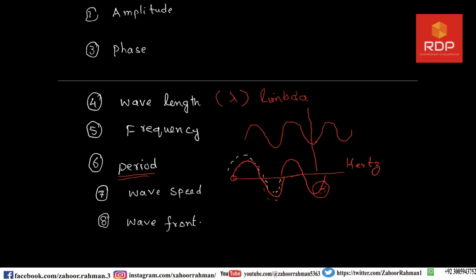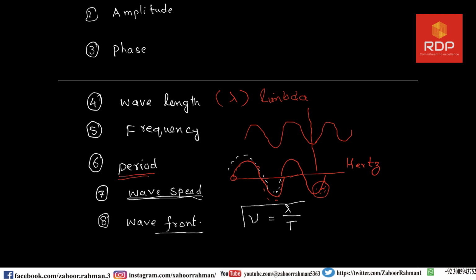Okay, next is the wave speed. Just like we learned that distance covered in unit time is called speed. Remember that we are denoting frequency by f, this is the wavelength and this is the time period.